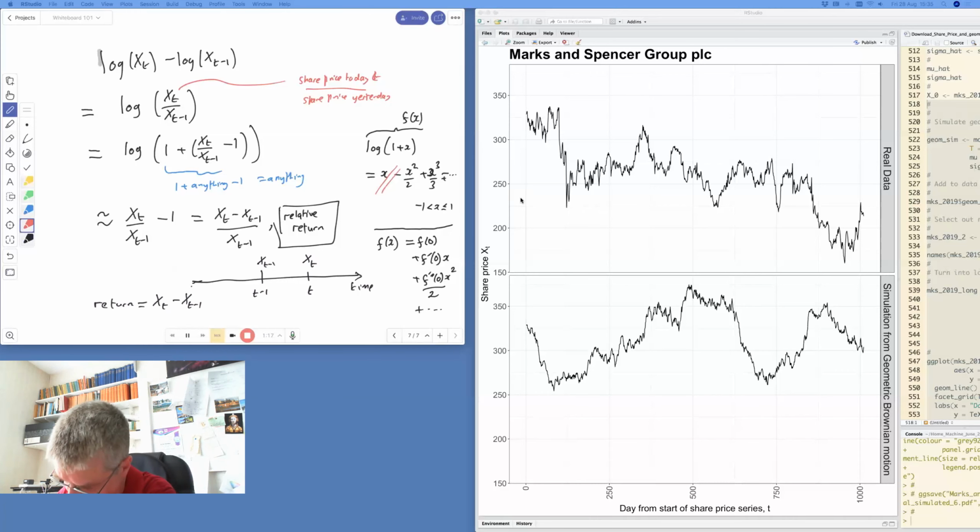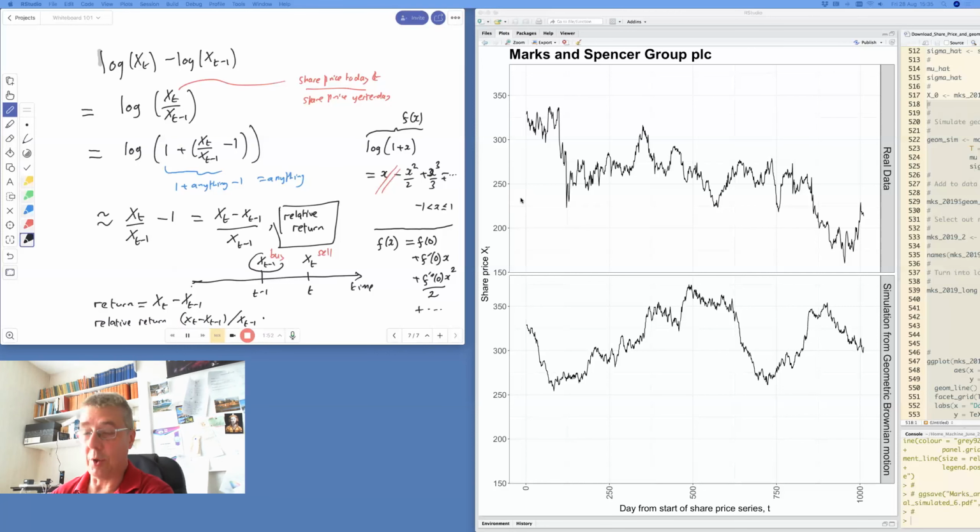So I'm buying here, I'm selling here. So that's my return. Could be negative, but that is my return. And if I want to know what that return is relative to my original investment, I get my relative return, which is xt minus xt minus 1, all divided by my original investment, xt minus 1.